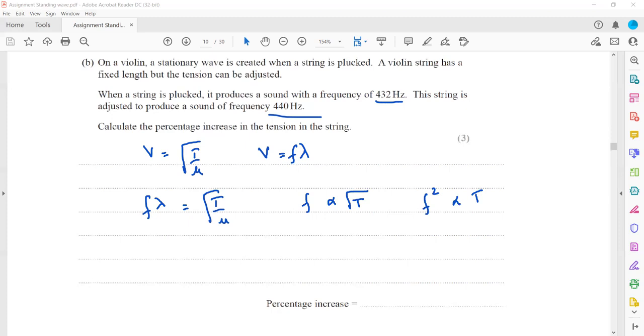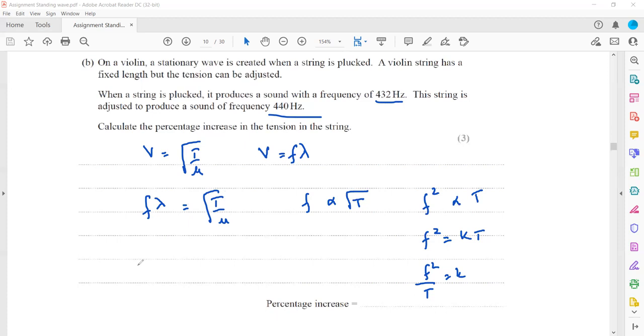Whenever two quantities are directly proportional, we can use a constant. So we can say f squared equals K times T, or f square over T is equal to K. So if the frequency has changed, the tension will also change.